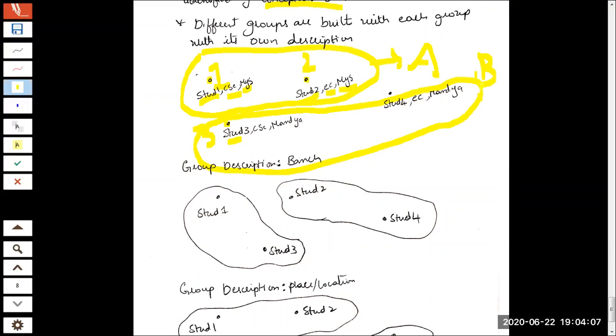This was a typical example to help you understand what a conceptual cluster, or description based cluster, is. Please note, we have data points with their own attributes.